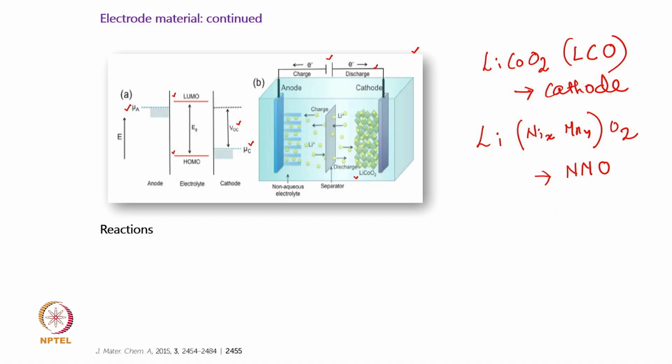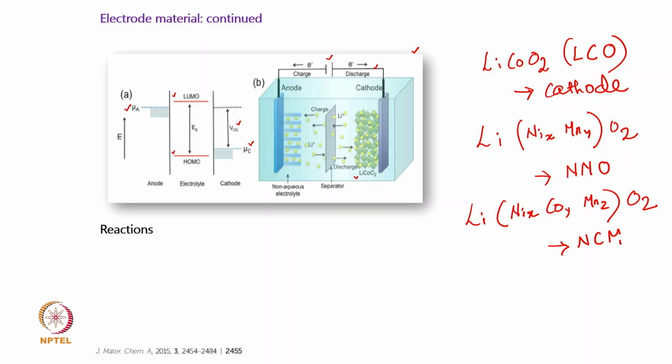People also later realized that let us have cobalt inside this structure too. So, one can have LiNi_xCo_yMn_zO2. This is popularly known as NCM cathode material.